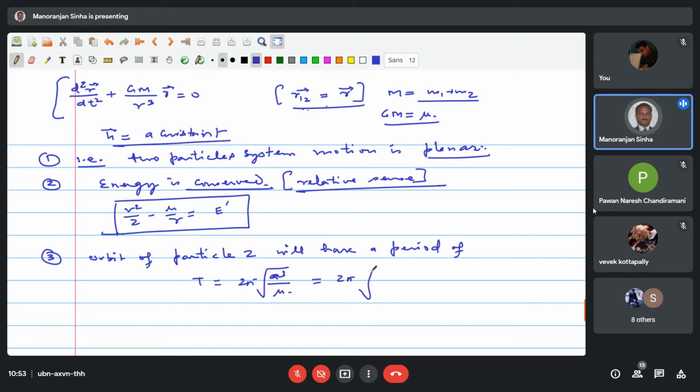That means 2 pi a cube divided by mu, with mu equal to G times m1 plus m2. So from here we will have m1 plus m2 equal to 4 pi square a cube divided by G times T square.